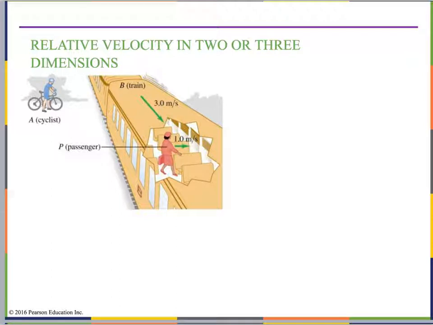So this is the velocity of the train with respect to the earth, and this is the velocity of the passenger with respect to the train.